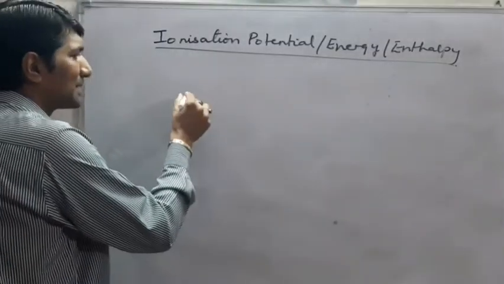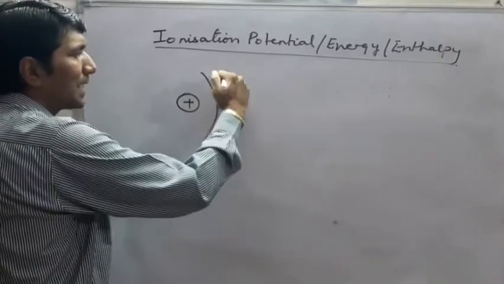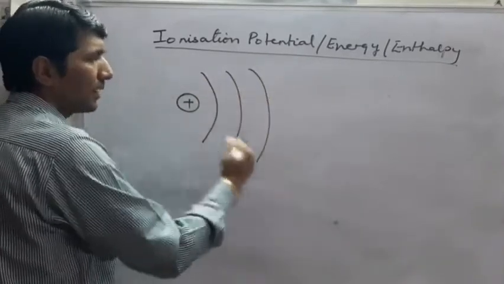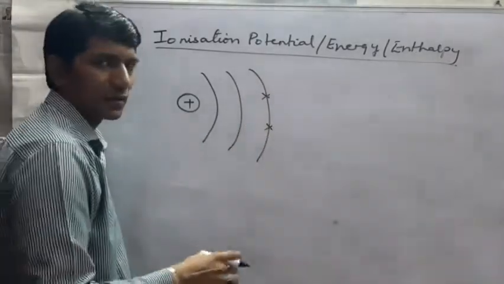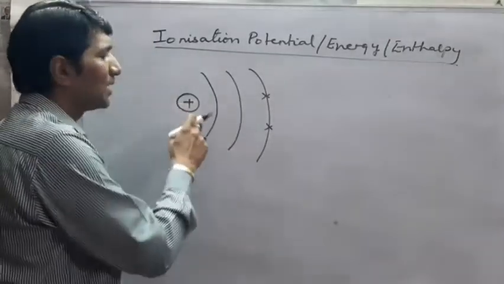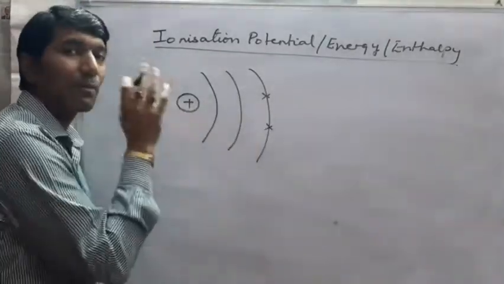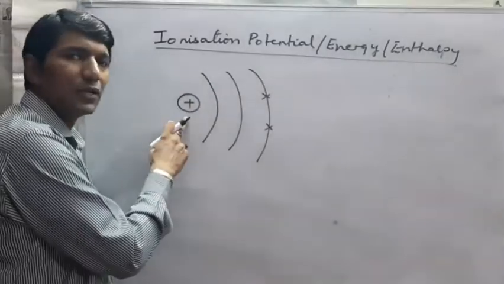Now, this is the nucleus and these are the shells. The last shell has a certain amount of electrons. We are not getting into how many electrons, but these electrons are bound by certain Coulombic forces with the nucleus.